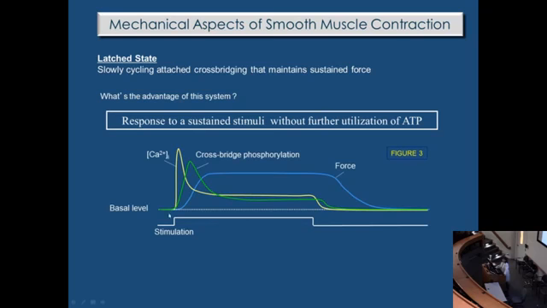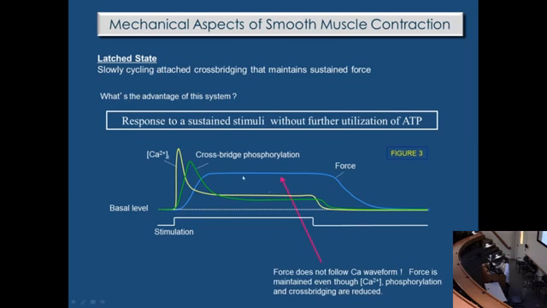Remember when we described the tonic contraction, the cell can maintain this type of contraction for long periods of time, even though you have low levels of calcium and low levels of phosphorylation. That means that mostly after it goes to a fast cycle, it will transit to a slow mode cycle, and those mechanisms are responsible for this maintained response.